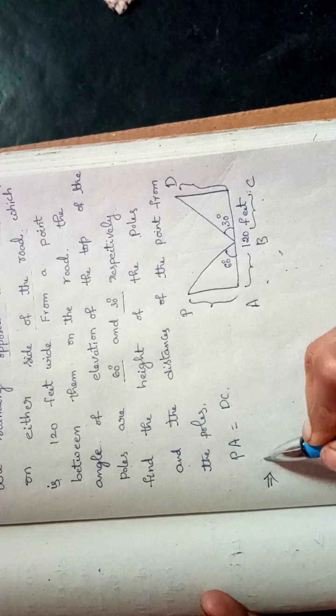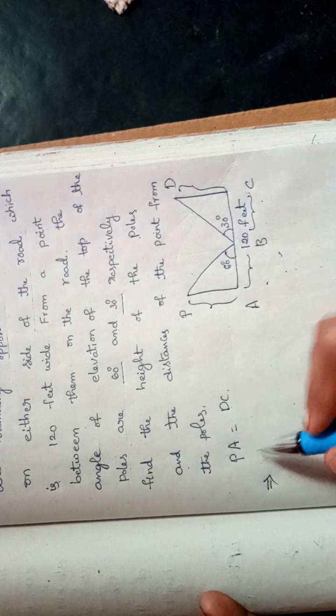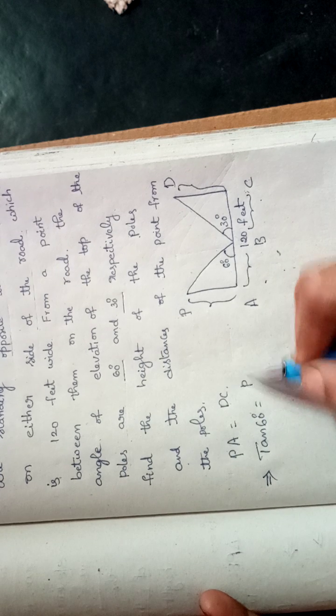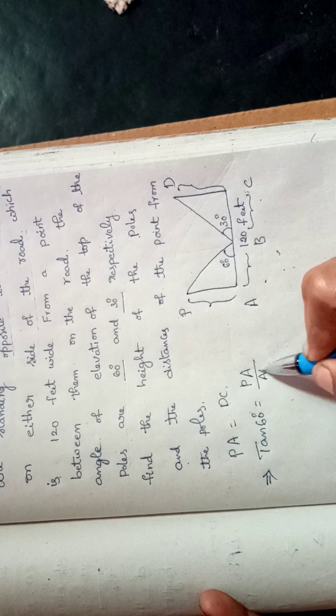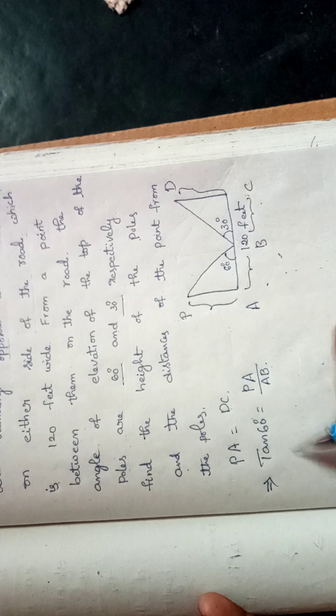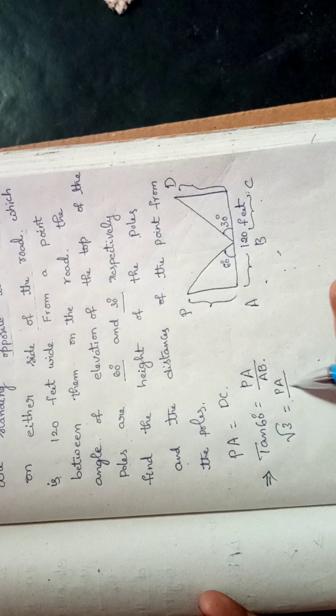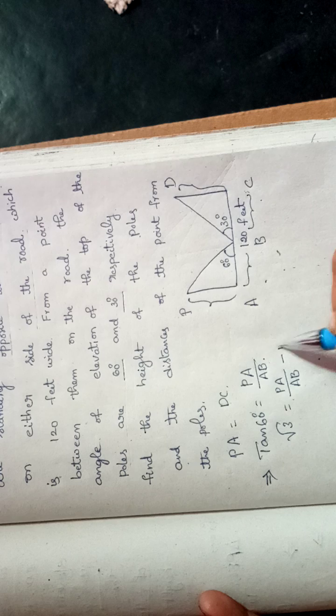Please concentrate. From this triangle, tan 60 equals PA by AB. Tan 60 is root 3, so root 3 equals PA by AB. This is one equation.